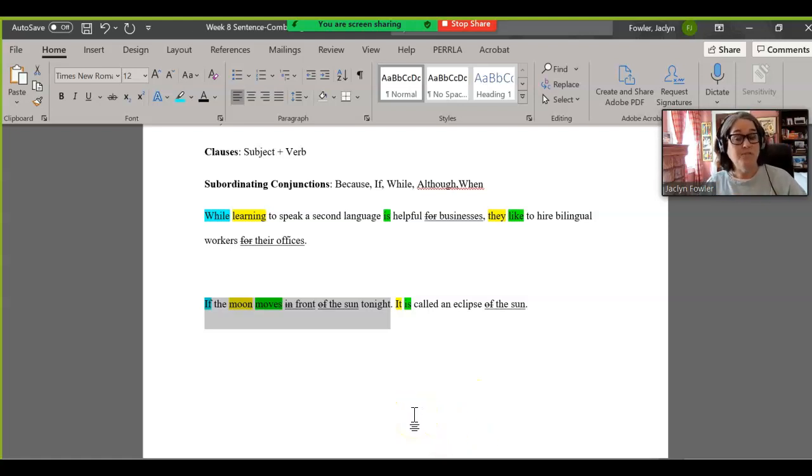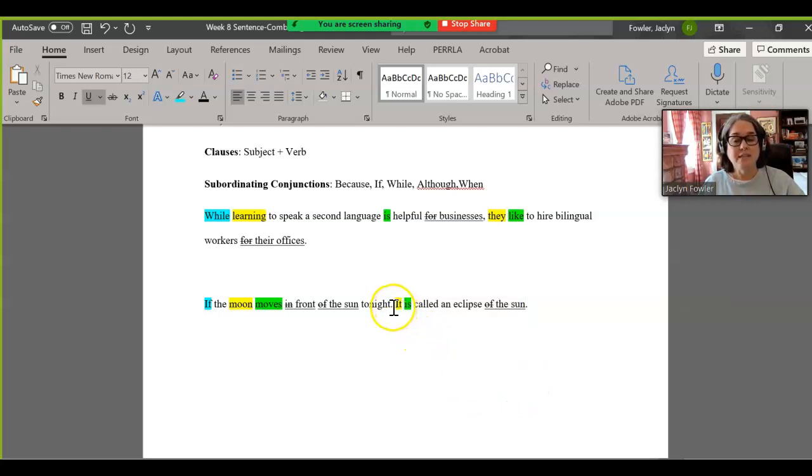If the moon moves in front of the sun tonight, well, what? Right? You want more. It's not finished yet. Can't stand by itself. So this subordinating conjunction makes this a dependent clause. It needs an independent clause to complete it as a sentence. And here it is right here. This is an independent clause, right?